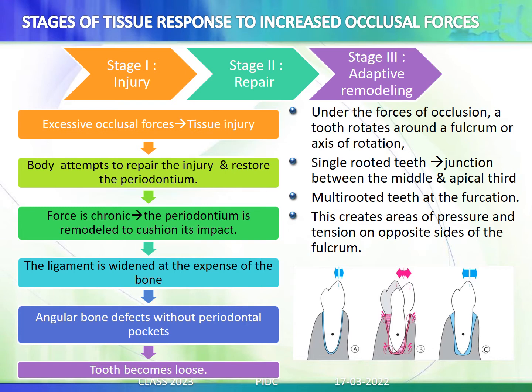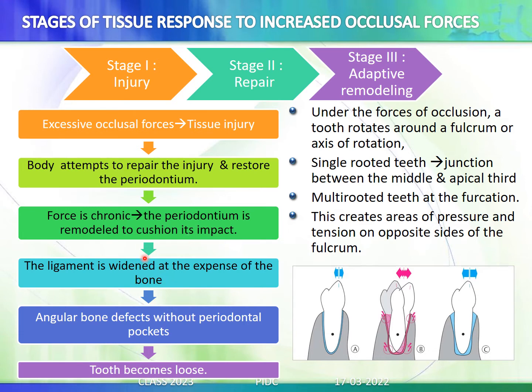Whenever there are excessive occlusal forces, tissue injury results. The body does not keep quiet, it attempts to repair this injury and restore the periodontium. If it restores, it's well and good, but if it is not able to restore, that is when the force is very chronic, then the periodontium tries to remodel to cushion the impact.